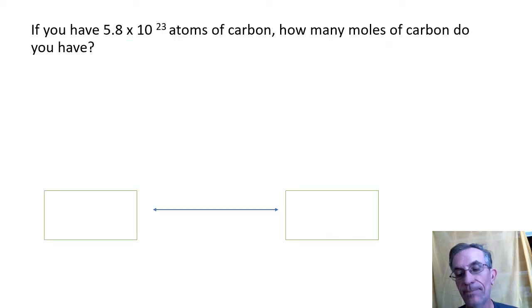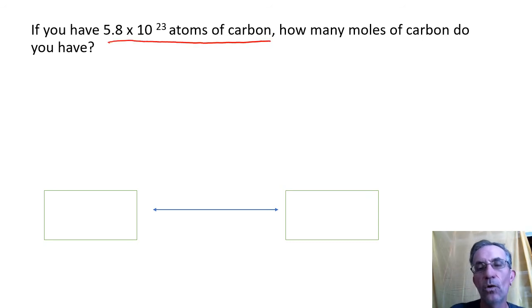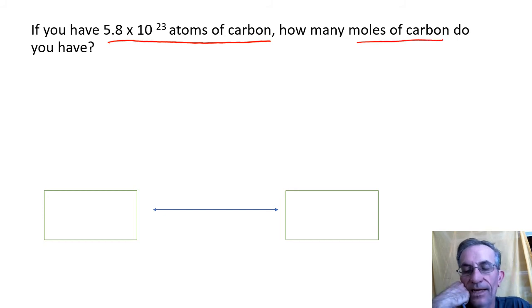All right, another example with a mole. Let's read the question and see if we can figure it out. If I have 5.8 times 10 to the 23 atoms of carbon, how many moles of carbon do I have? So first off, why are they saying atoms?